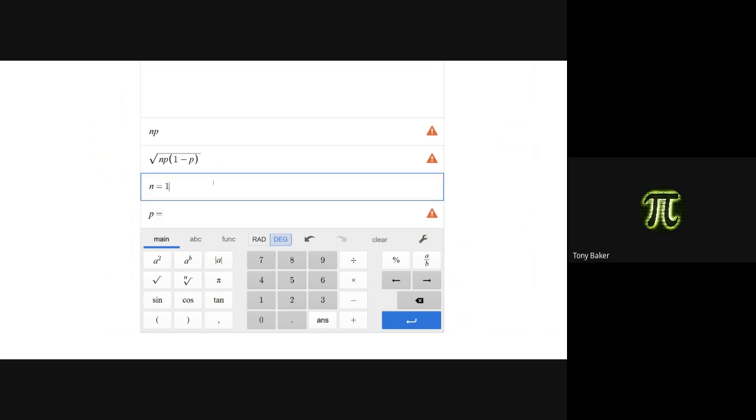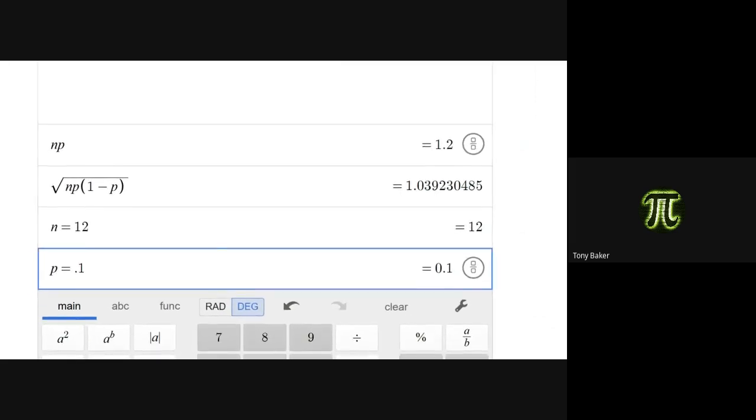Then I would put in the numbers here, and it will do the calculations for you. This way you can just keep changing the N and the P to do all your problems for your homework, so you don't have to keep typing the formula back in a million times. And that'll always give you your mean and your standard deviation in one shot.